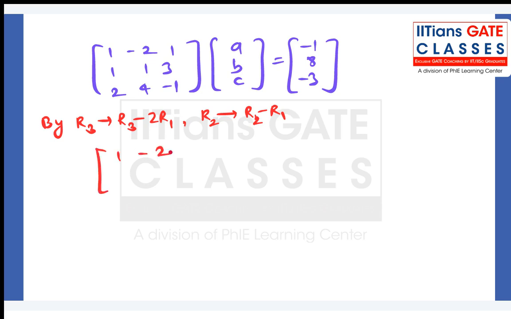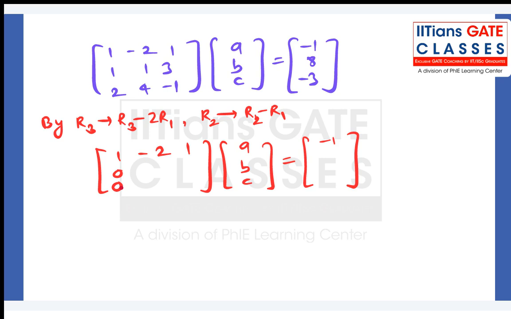You don't touch it because that's not required. Here also this -1 remains as it is. These 2 elements will become 0. That's the point of doing all these things. So you'll have 1 minus -2, that will be 1 plus 2, so this will be 3. This will be 3 minus 1, 2. Here it will be 8 minus -1, so it will be 9.